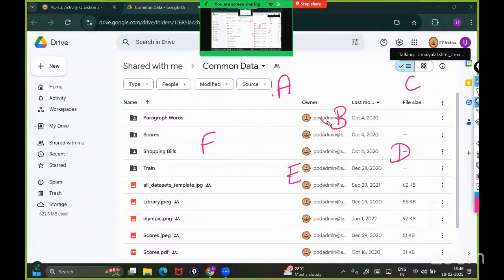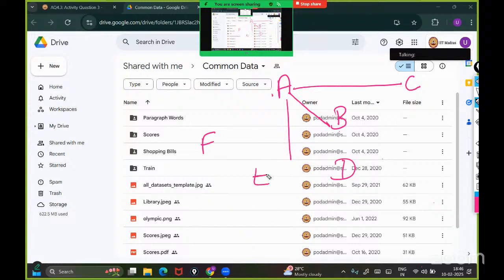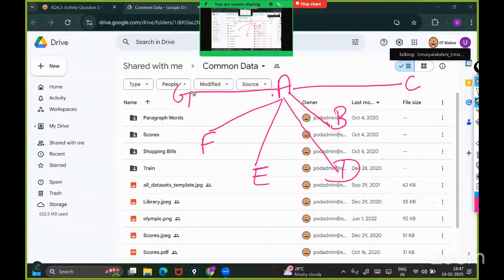A with B, A with C, A with D, A with E, A with F. And I think G also is mentioned, so A also needs to be mapped with G. So for A, we have mapped with 6 elements.